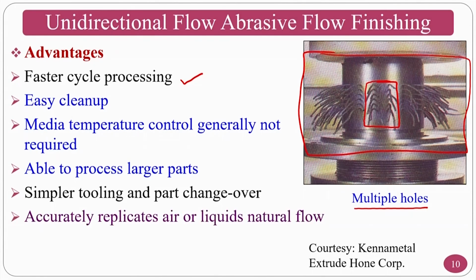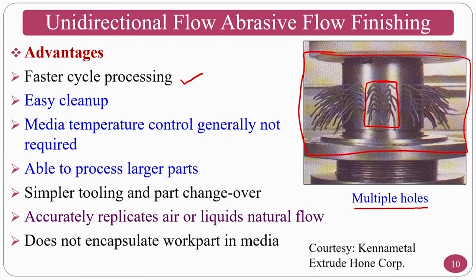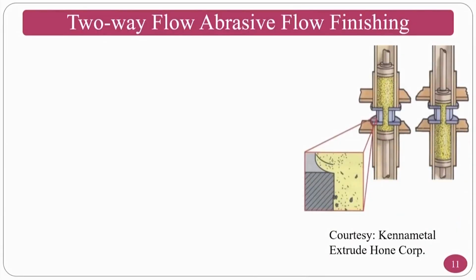It accurately replicates air and liquid natural flows, and it does not encapsulate the workpart in the medium. These are the advantages of the one-way abrasive flow finishing process. Then we move on to the two-way abrasive flow finishing process, which is commonly used for explaining the physics of abrasive flow finishing, as we saw in the previous class.